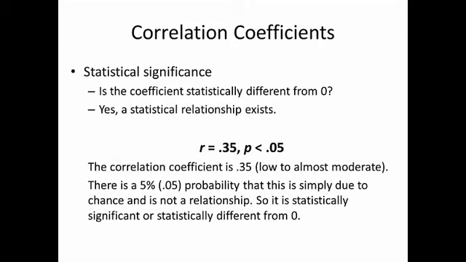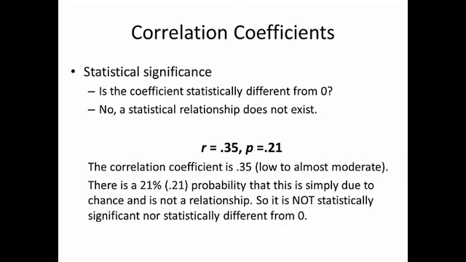In this case, the correlation is 0.35, which is low to low moderate. And then the researcher tells us that there's a 5% probability that this was simply due to chance and there's really not a relationship. So in this case, we say that correlation is statistically different from 0.